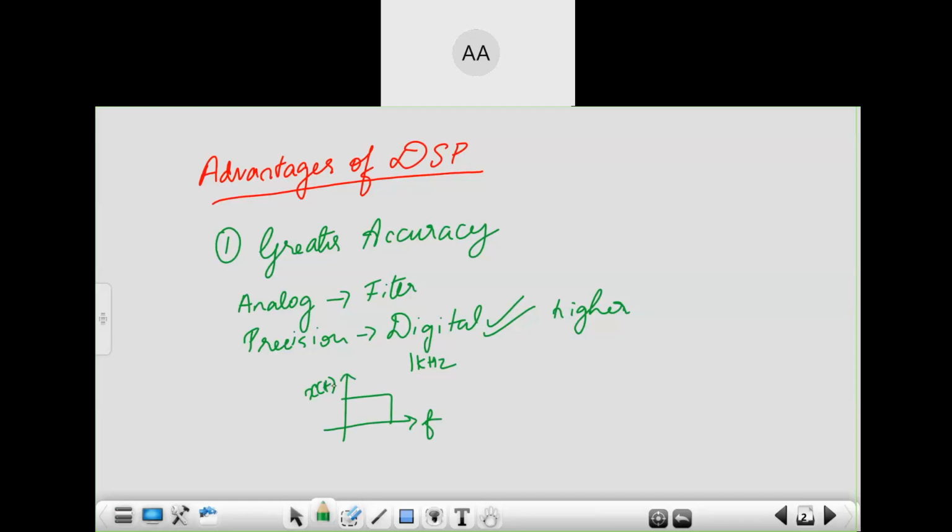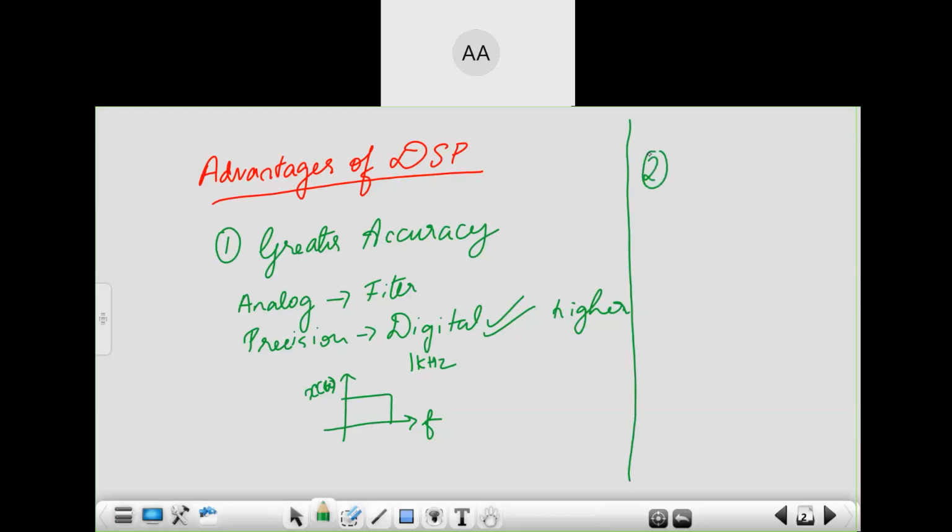Whereas this is not x of t, this is x of omega. You will understand what I'm writing on the y-axis later. So that is one very important factor. If you are designing something like filters, you'll always want higher precision, which is possible using DSP, whereas using analog components, it is not so feasible.